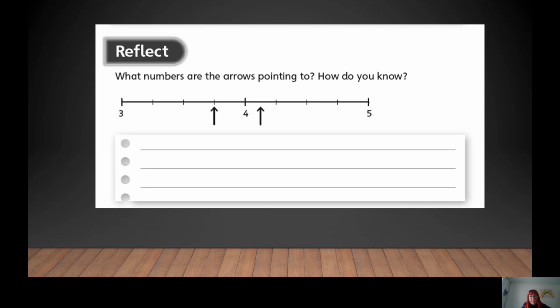So I'm interested today in hearing maybe in your how do you know section, the use of intervals, jumps, count on, count back, fractions. So make sure that you use that key vocabulary that I introduced at the start of the lesson in your reflect. That's what I'm looking for today.